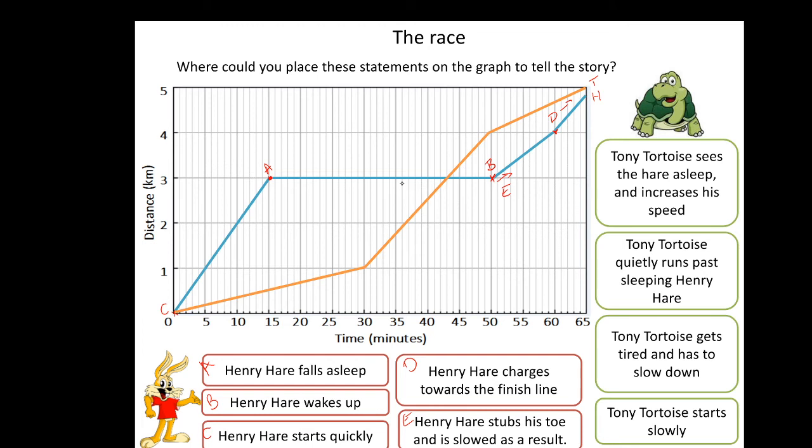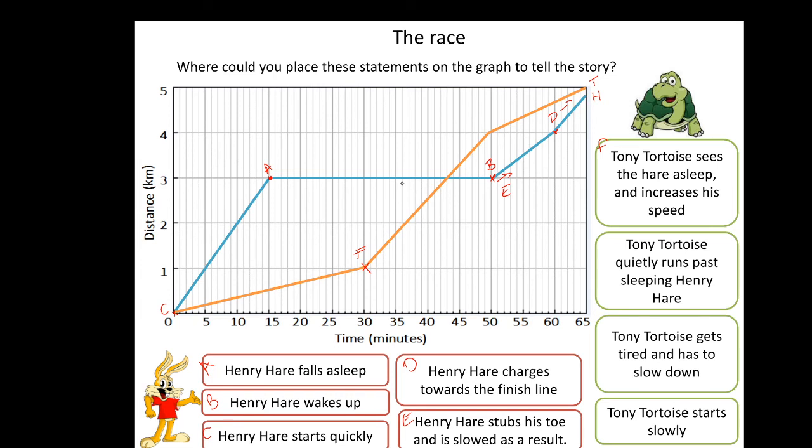So, Tony Tortoise sees the hare asleep and increases the speed. Okay. So, he sees the hare is asleep here, doesn't he? Because that's when he increases his speed. So that one, E, let's go F. Okay. Tony Tortoise quietly runs past sleeping hare.